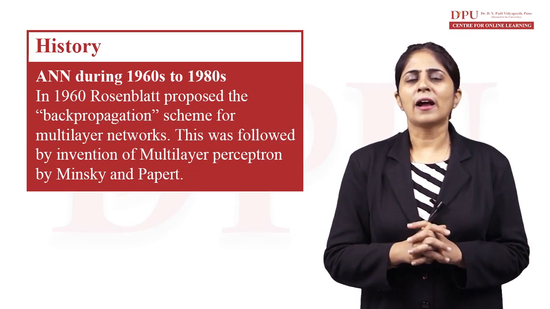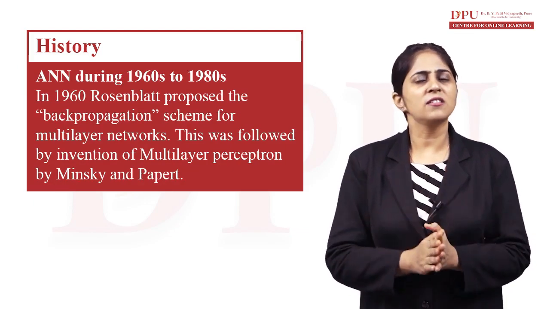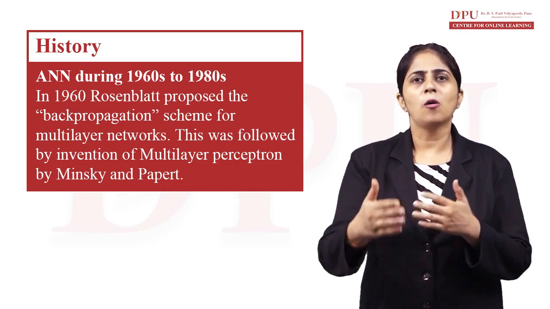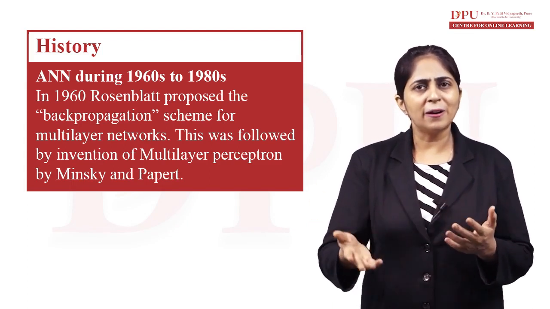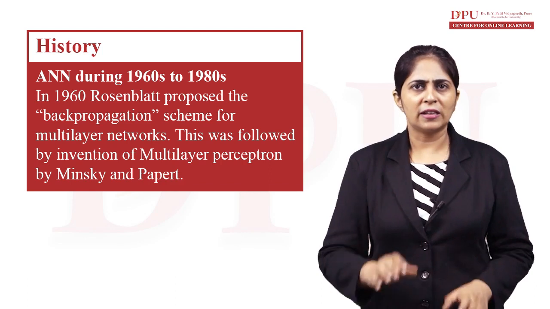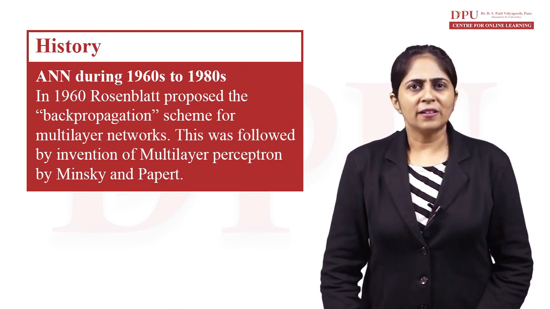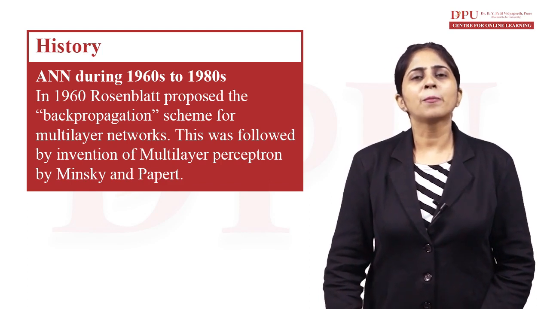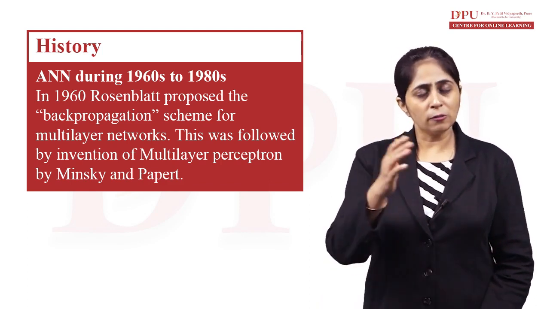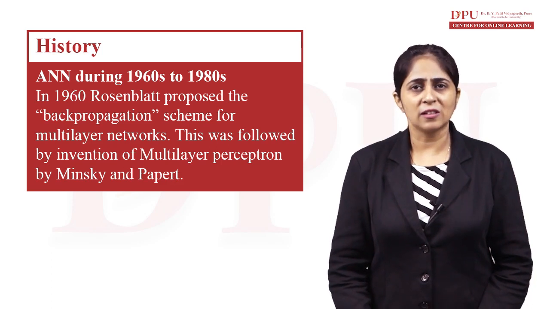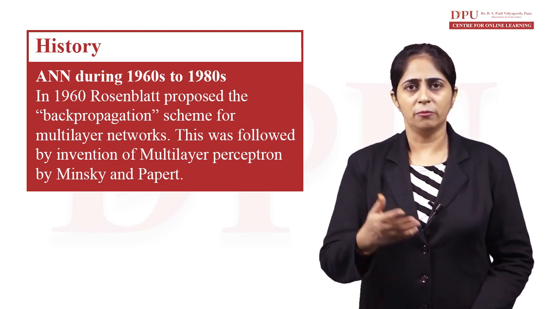If we talk about artificial networks during 1960 to 1980, what upgrades took place during that time? In 1960, Rosenblatt proposed the backpropagation scheme. We will talk about this backpropagation scheme in the upcoming videos.